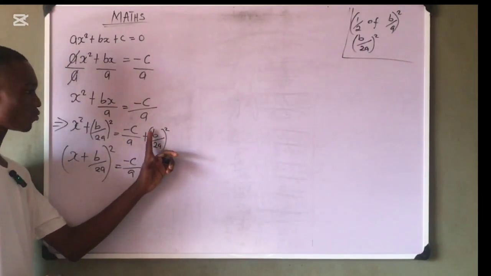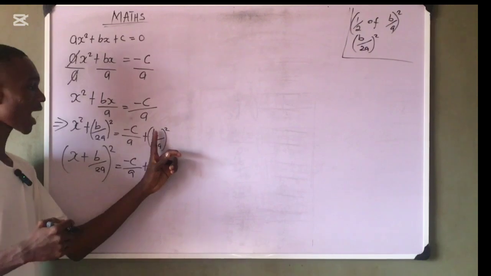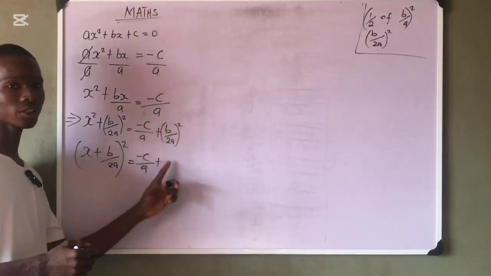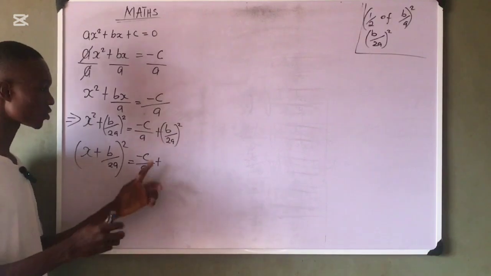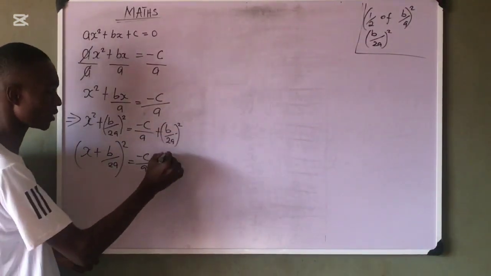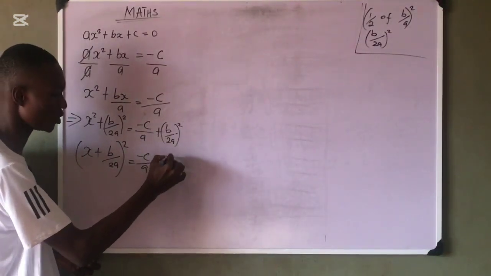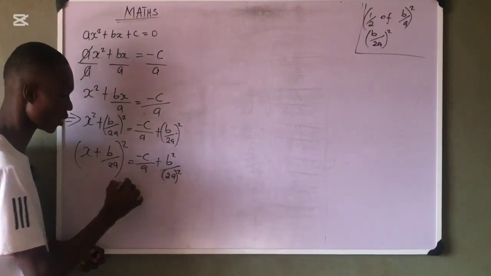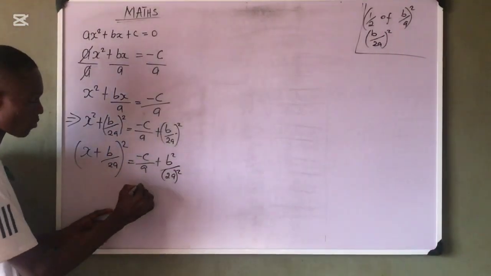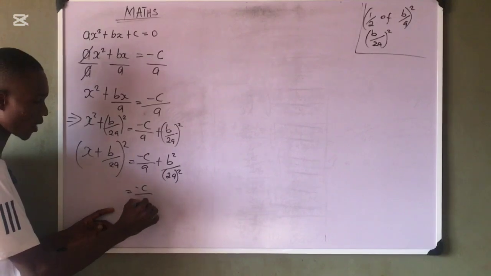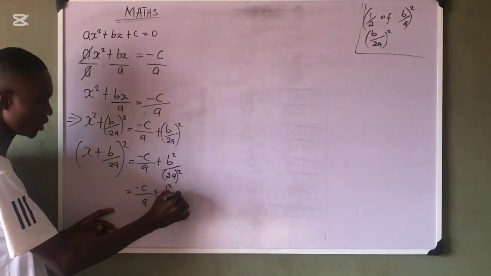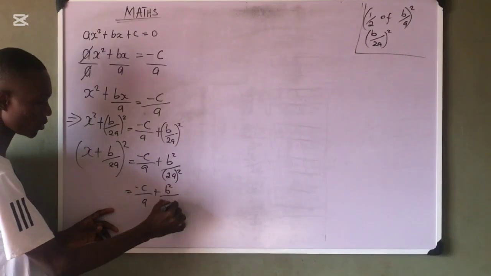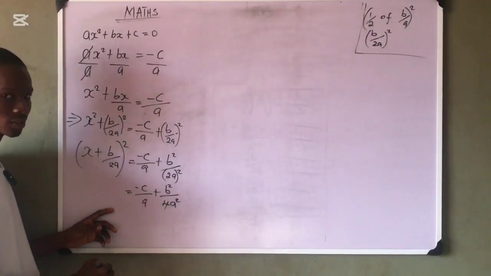In indices, when fractions share the same power, the power is distributed to the numerator and denominator, so b becomes b squared over 2a all squared. At this point, I will have minus c over a plus b squared over 2 squared, which is 4, and a squared gives a squared.